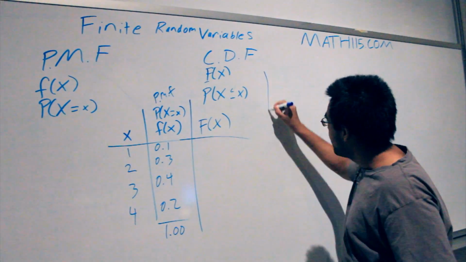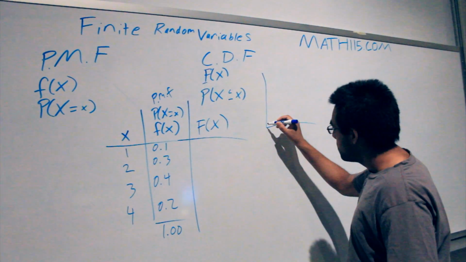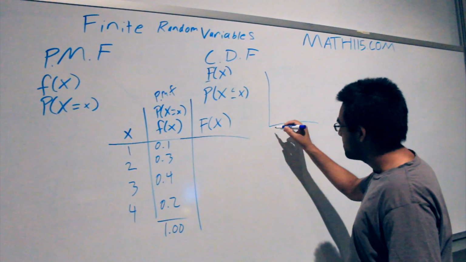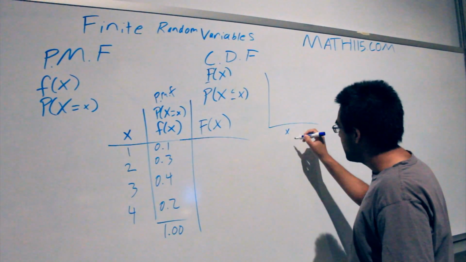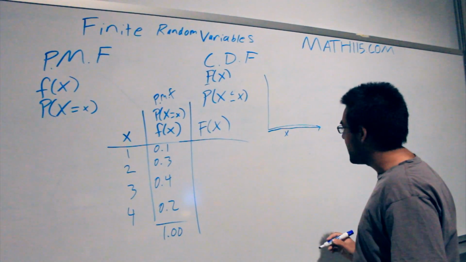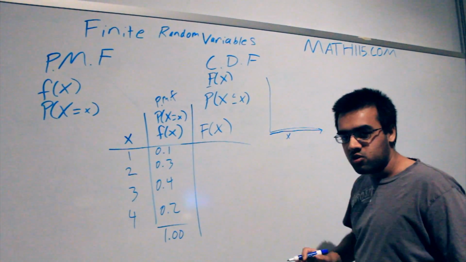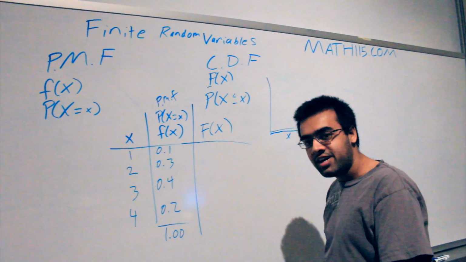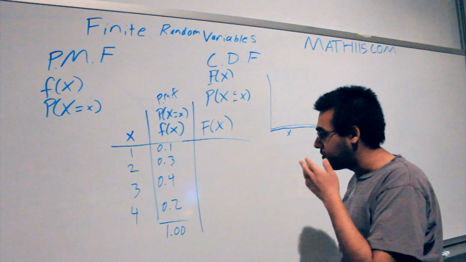When you have a graph, your bottom axis, your x-axis, is your x variable, right? So as you move to the right, you're going to continue cumulatively adding the probabilities of all your possibilities.